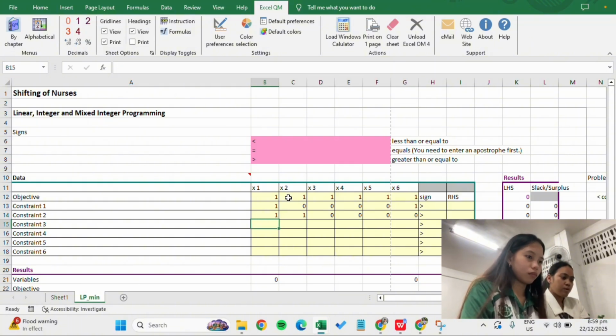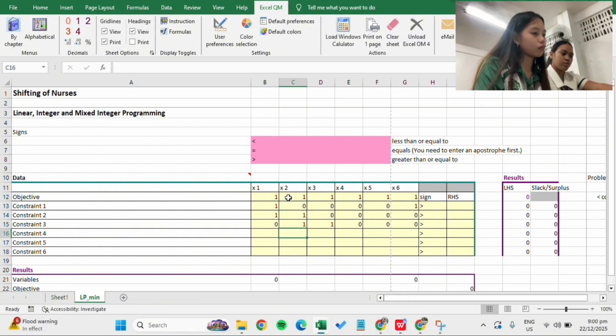Constraint 3: X1, 0. X2, 1. X3, 1. X4, 0. X5, 0. X6, 0.